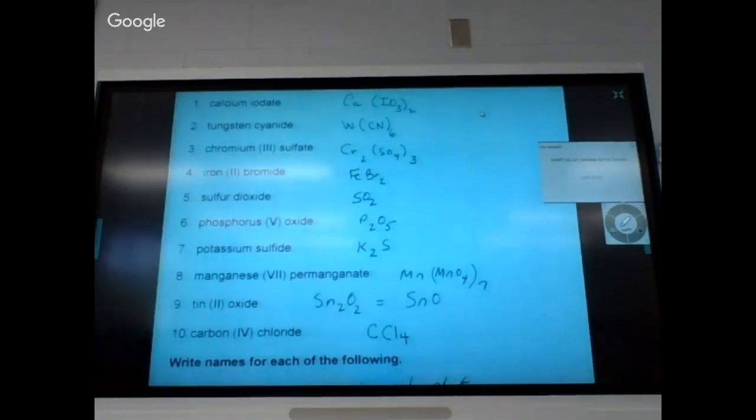All right, the first 10 for those of you who have not checked your paper, because I know there's lots of you I did not get to. I think that's fairly legible.